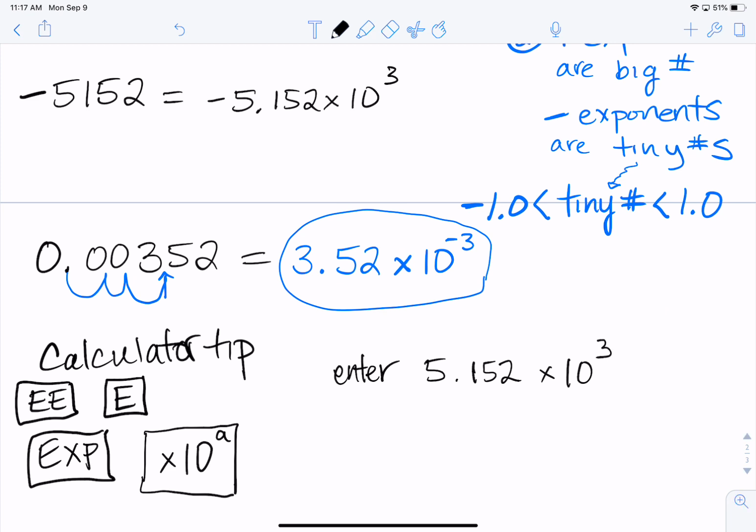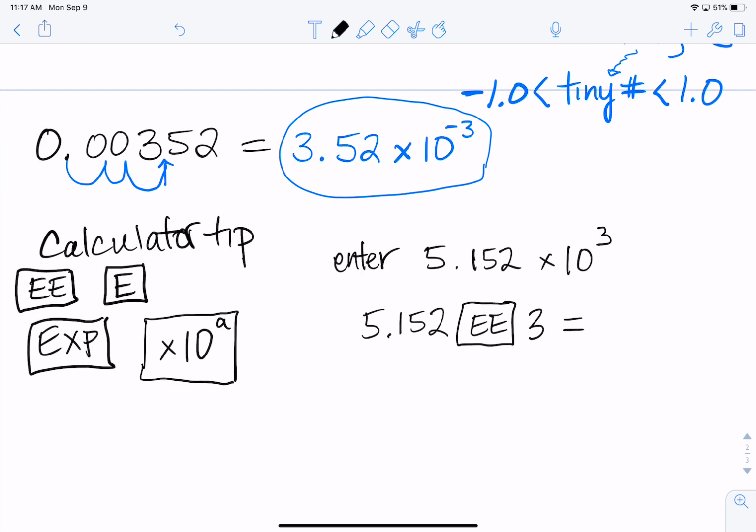Look up at the screen. Plug in 5.152, then hit the EE button, then punch a 3, and then hit equals. It should equal 5,152.